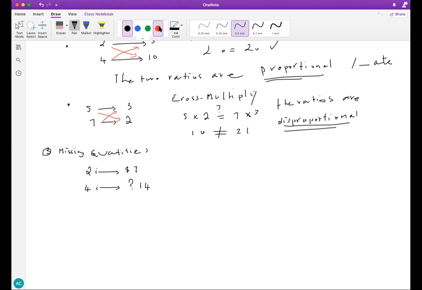Both have to change proportionally. So if you multiply this by 2, the other one should also be multiplied by 2. That way you get something that's proportional. So this is a missing quantity or a proportion, usually with a letter here like X for something that we don't know.